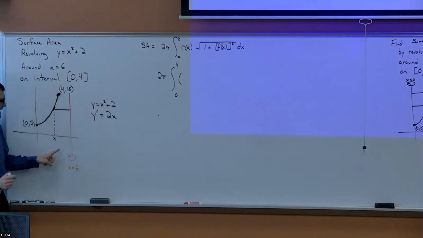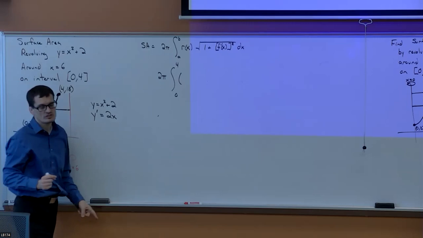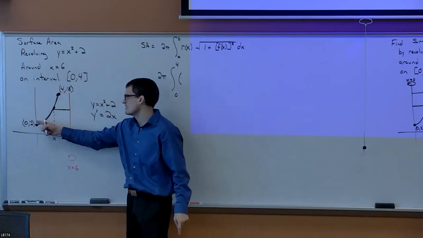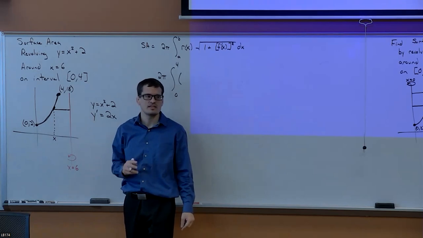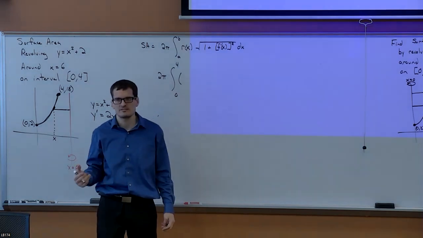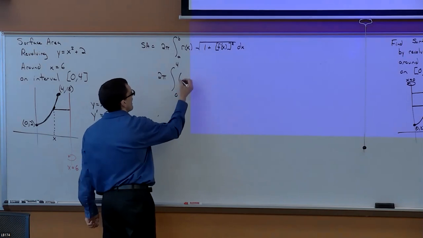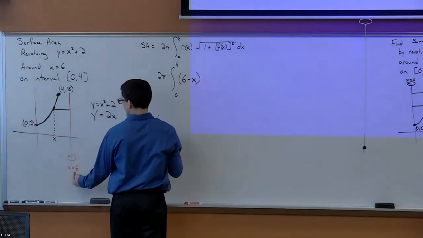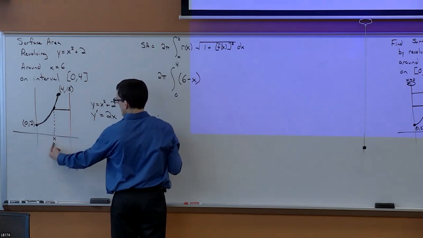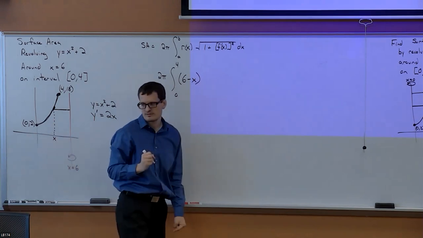Now, if I write x minus 6, I'm actually going to get negative numbers because all of my x values are below 6. So I'll get a negative surface area, which doesn't make sense. So in order to get a positive surface area, I start at the 6 and I go down to the arbitrary x value.